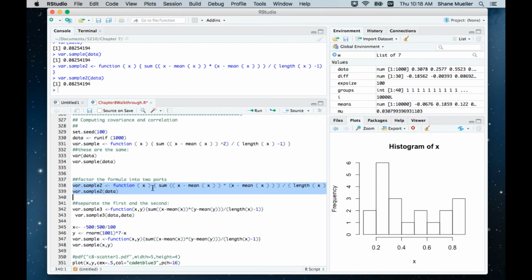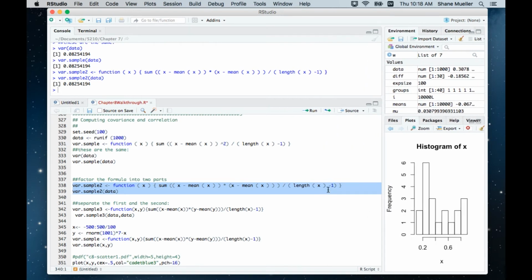Okay, so I've done that, and now that I have these separated, I could rename x in the first part and x in the second part. And because I'm convinced they're the same size, I could then just still divide by the length of x or y here.